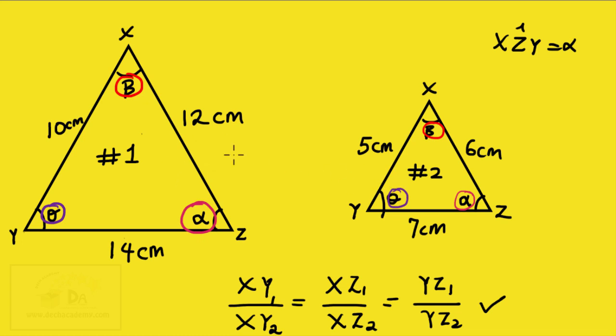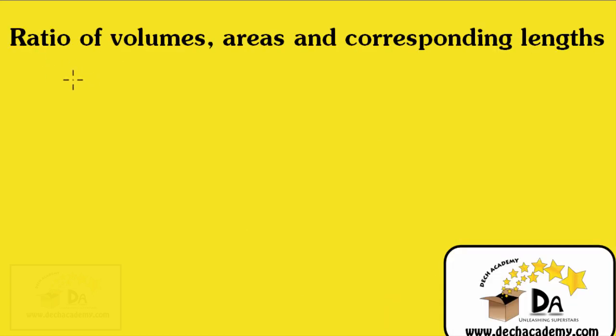In a lot of questions, you'll be told that two shapes are similar. So all you have to do is work with the assumption that the shapes are similar and solve whatever problem you're facing. So you have two rectangles, or any two shapes, but I'm just going to use rectangles to demonstrate an important concept.